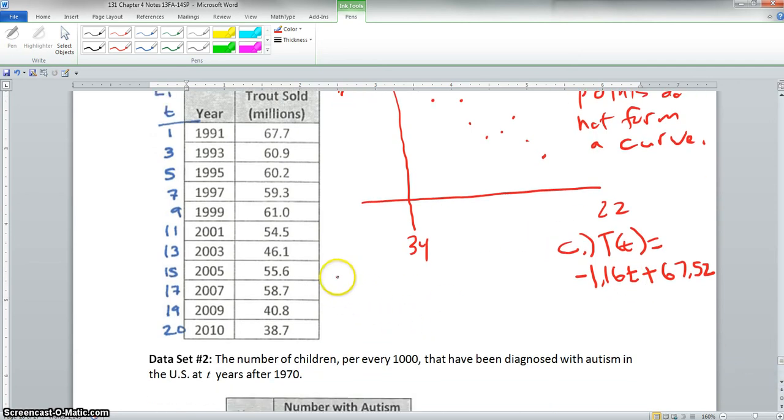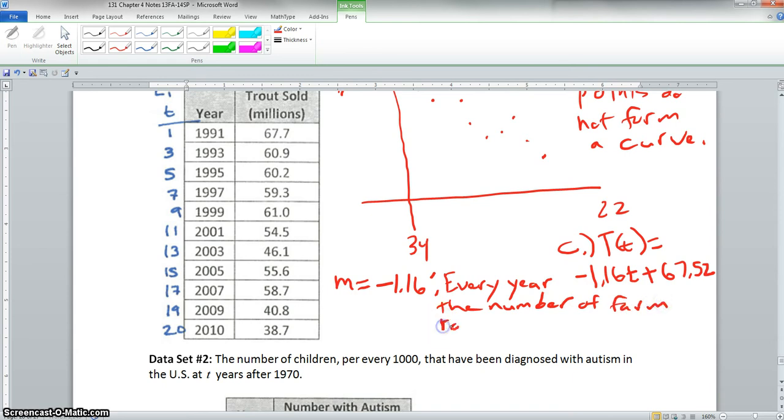So we could write down m, our slope is negative 1.16, which means that every year the number of farm-raised catfish, or I'm sorry, farm-raised trout is going down by 1.16 million.